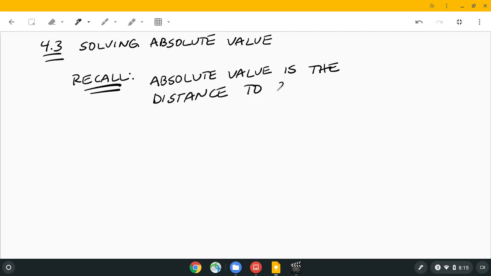So if I want to know the absolute value of 5, that is 5 units away from zero. So the absolute value of 5 is 5. And also, if I take the absolute value of -5, that is also 5 units away from zero. So that also has an absolute value of 5. Okay?